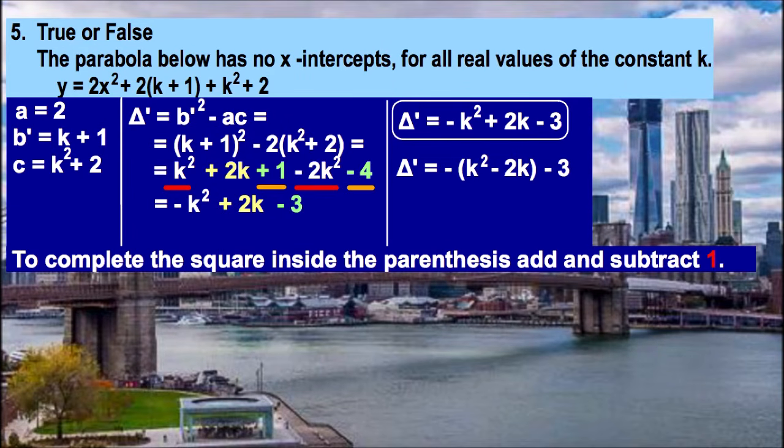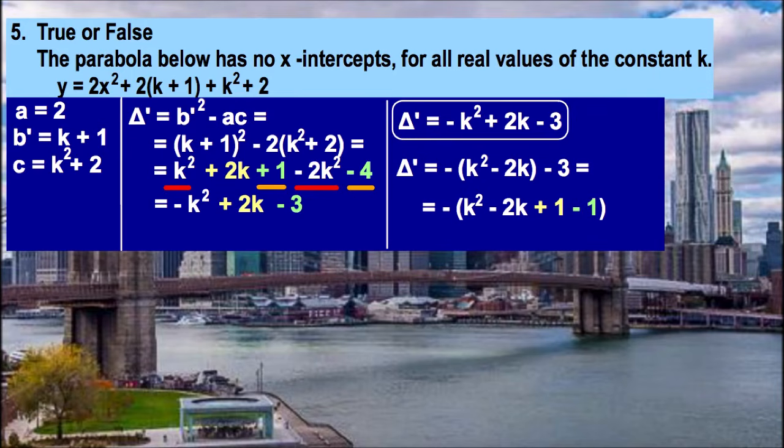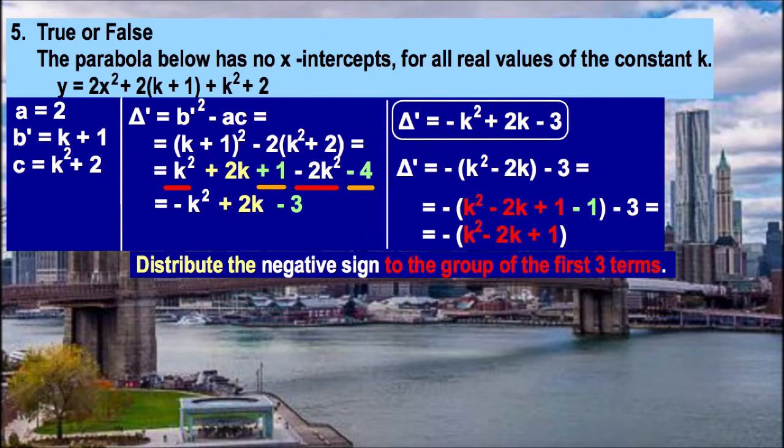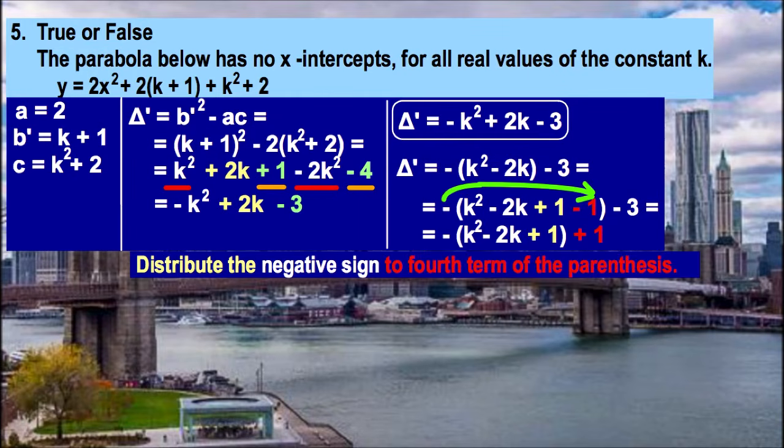To complete the square inside the parentheses, add and subtract a 1: equal to negative the quantity k squared minus 2k plus 1, minus 1, outside minus 3. Distribute the negative sign to the group of the first three terms. Then we distribute the negative sign to the fourth term of the parentheses.